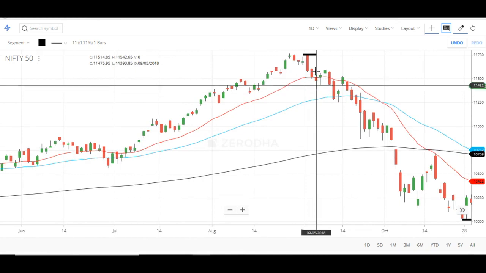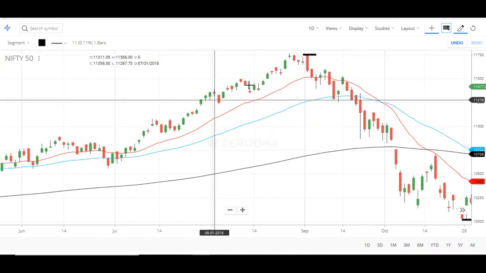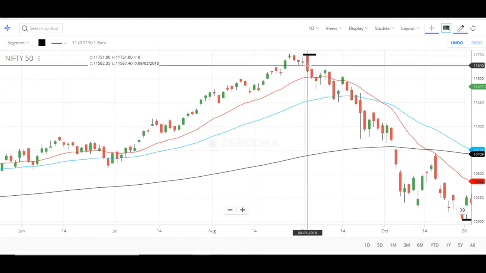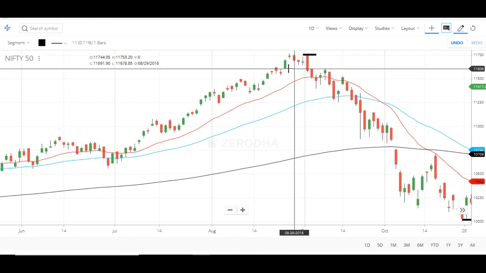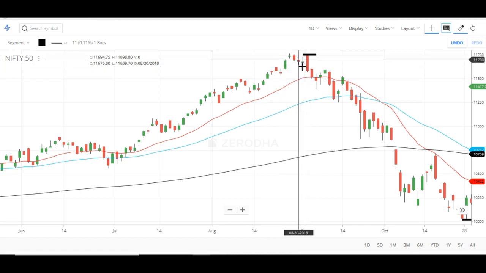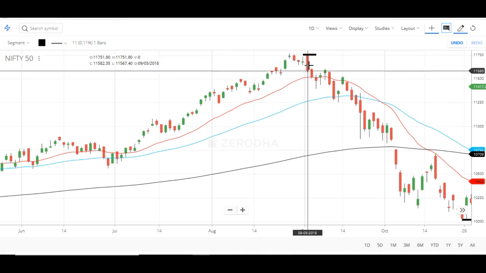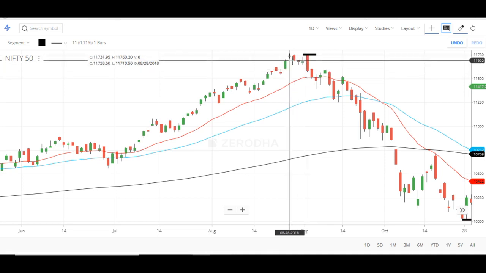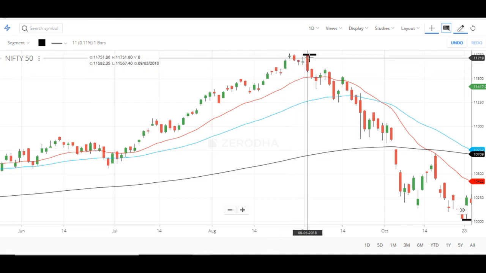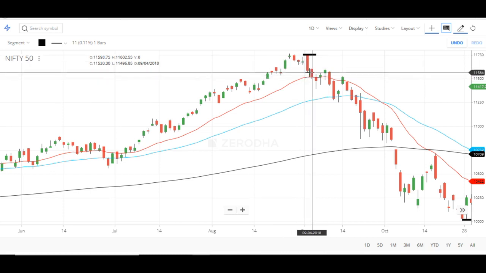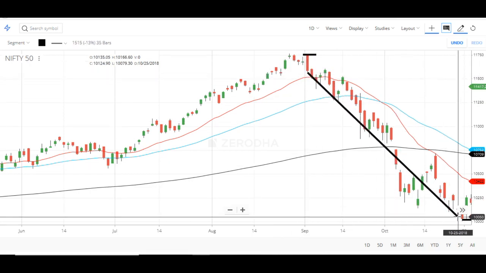Okay, if we see this, Nifty was at its all-time high in 2018 here, right? So what do we get here? A lot of indecision, doji, hammer, doji, followed by big bearish engulfing, and see the down move we got after that.